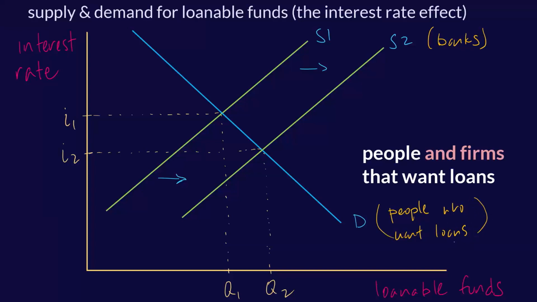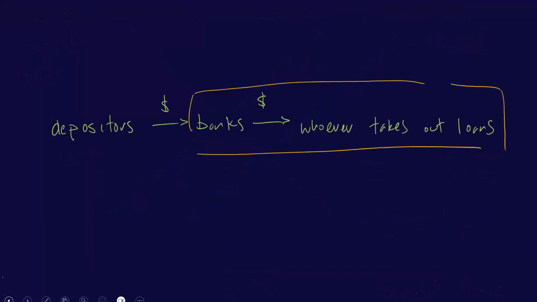If supply increases, it's still going to be the case that the interest rate's going to go down and the quantity of loanable funds is going to increase. But it's worth understanding that banks are essentially on both sides of this supply and demand. Just depends at what point we're looking at it.